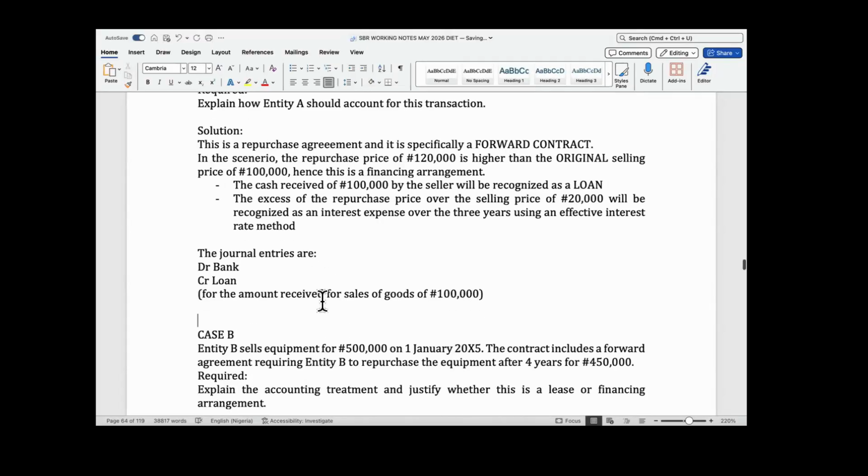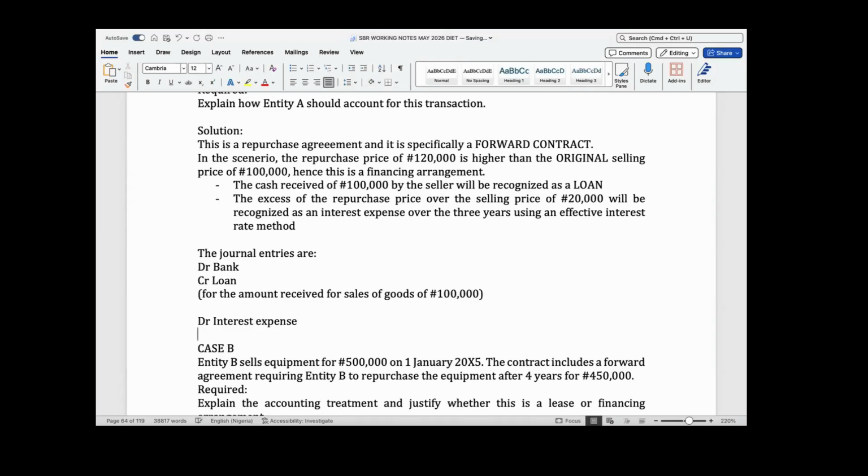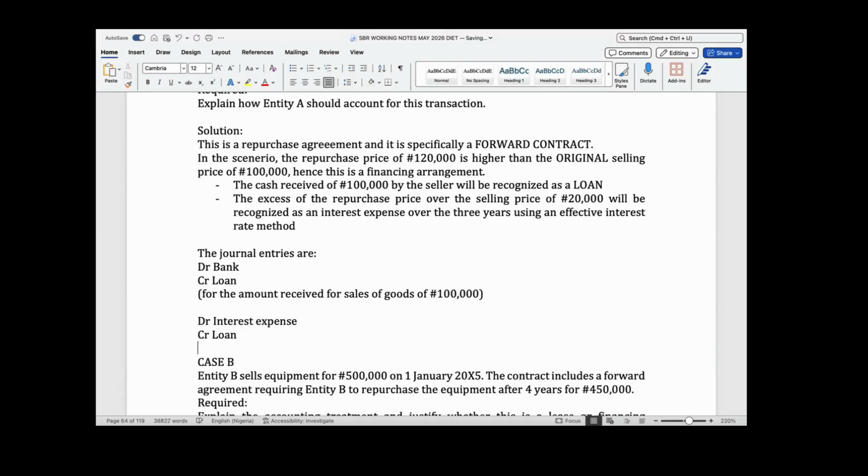Then secondly, you will debit interest expense with credit loan for the interest expense recognized over the 3 years.